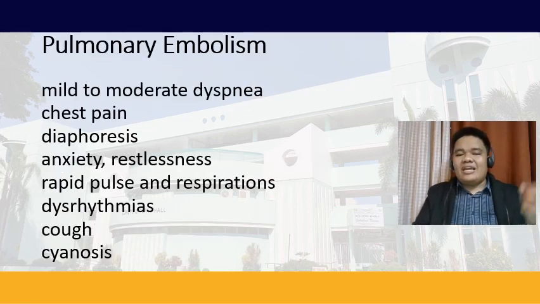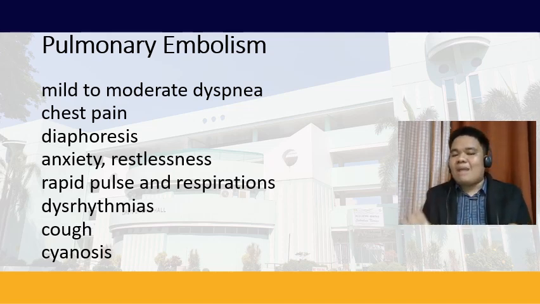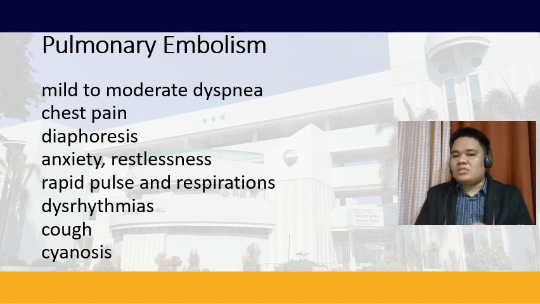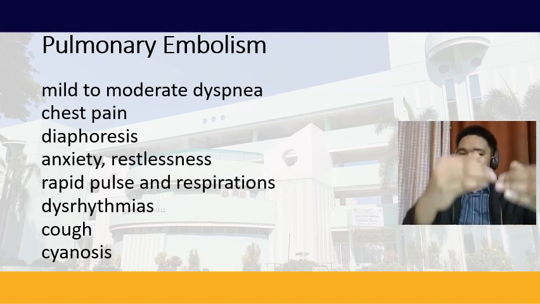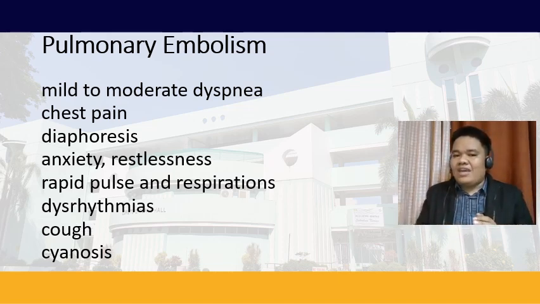Okay, pulmonary embolism, characterized by sudden onset of mild to moderate or even severe dyspnea, presence of chest pain, diaphoresis, anxiety, restlessness, rapid pulse, respiration, dysrhythmia, cough, and cyanosis. For this patient who has these signs and symptoms, you need to position the patient on bed rest and keep the head of bed elevated.